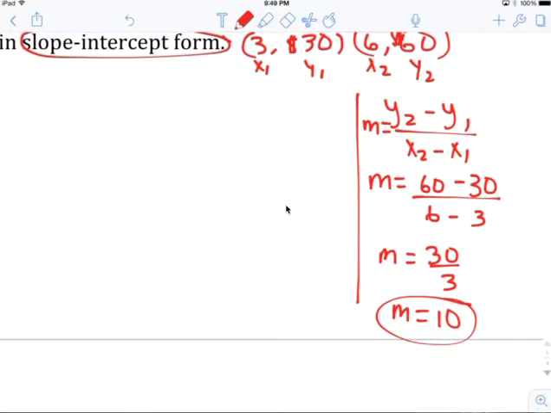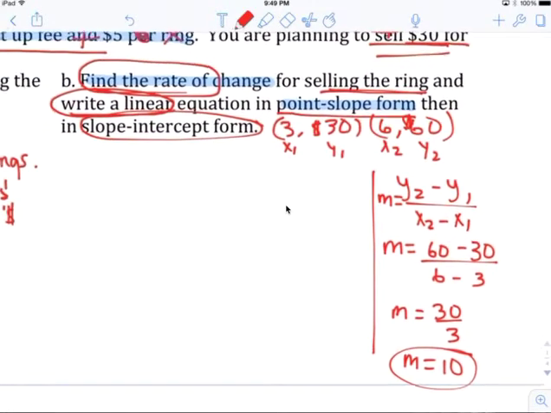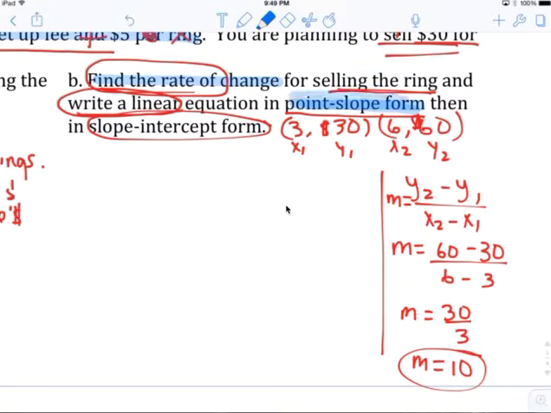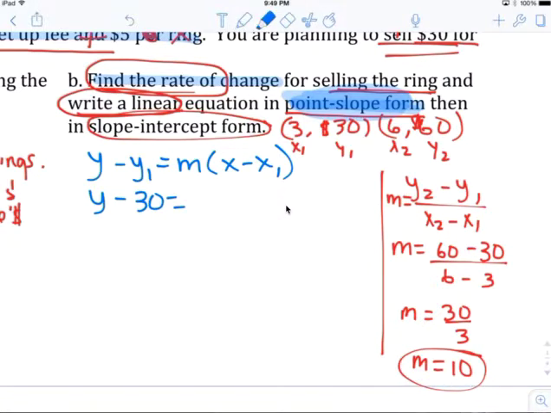If you put M, we all know it's a rate of change, or slope. Point slope right here, right there. I'll mark it darker, see? Y minus Y1 equals M times parentheses X minus X1. So Y minus Y1, which is 30, M, which is what we found here, 10. I'll change it to red if you want to help you see that it's related. X minus X1, which is 3.